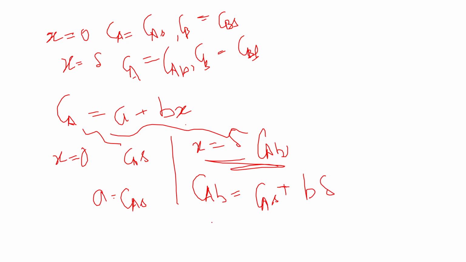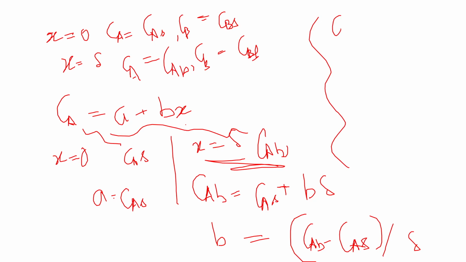So from that I can find B as CA bulk minus CAS by delta. So same thing goes for C and D. We also have CB equal to C plus DX.